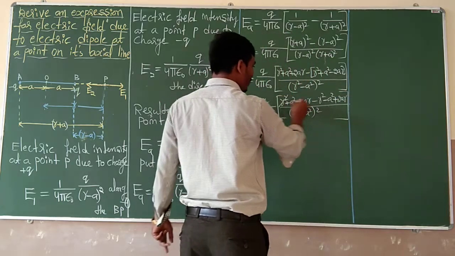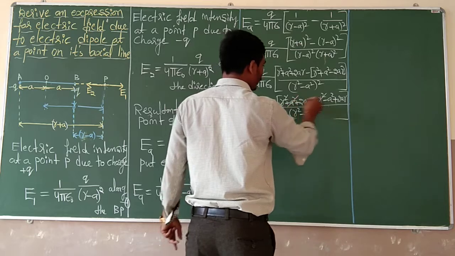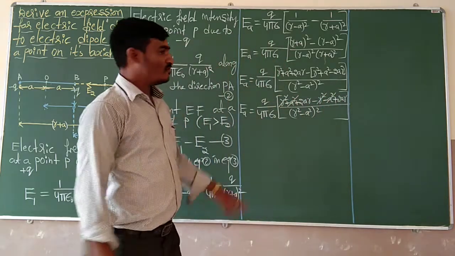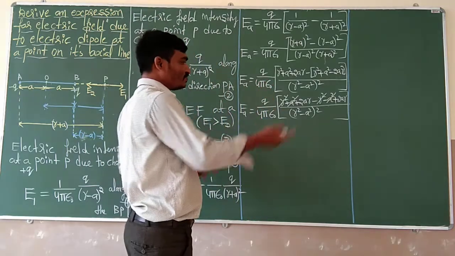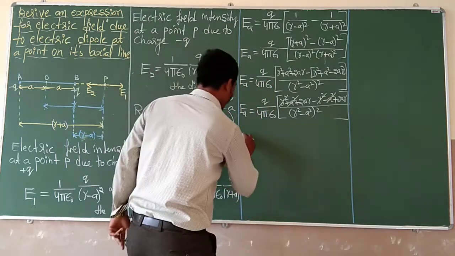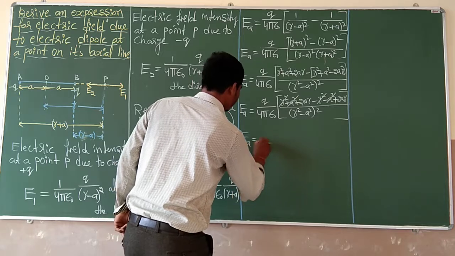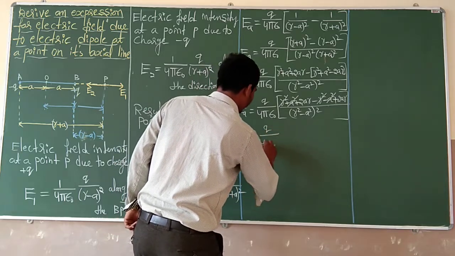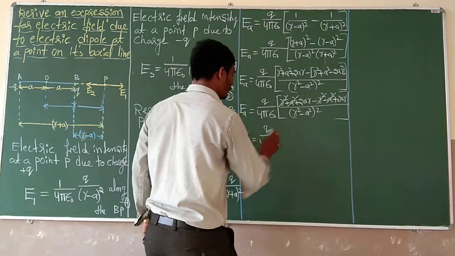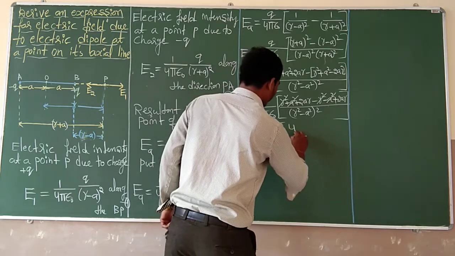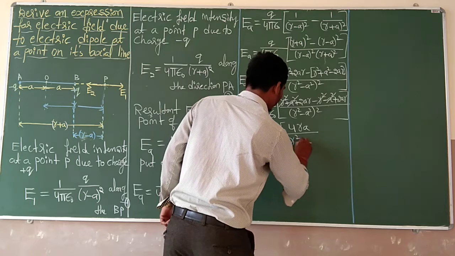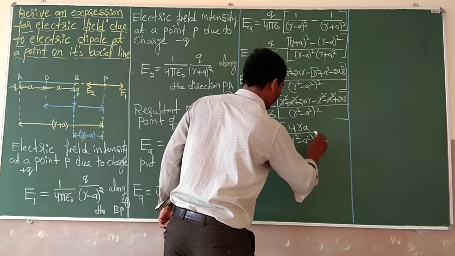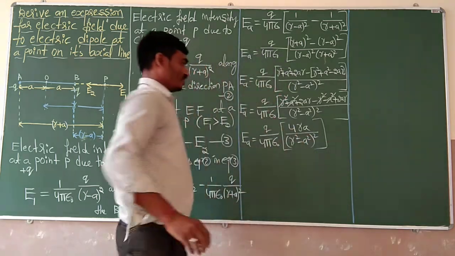Here r square and a square get cancelled. There are two values, 2ar as well as 2ar. 2ar plus 2ar becomes what? 4ar. This is EA is equal to Q by 4 pi epsilon naught, it becomes 4ra divided by (r square minus a square) whole square.